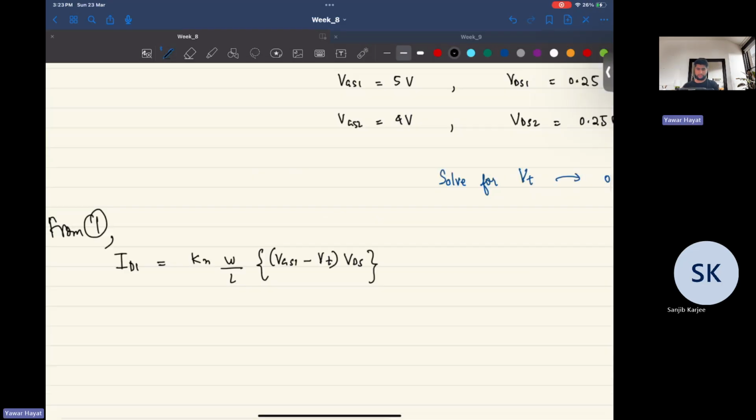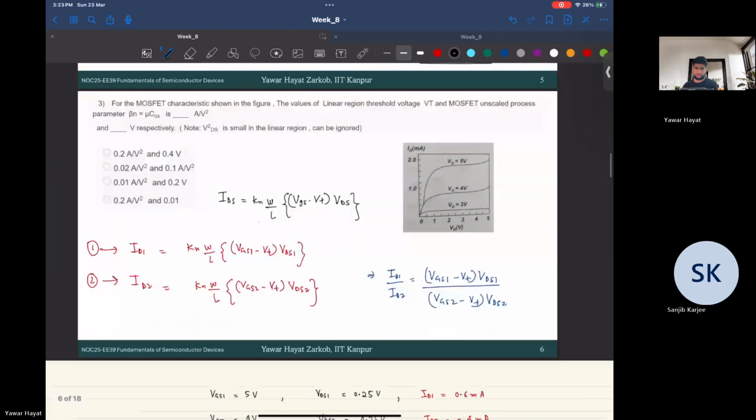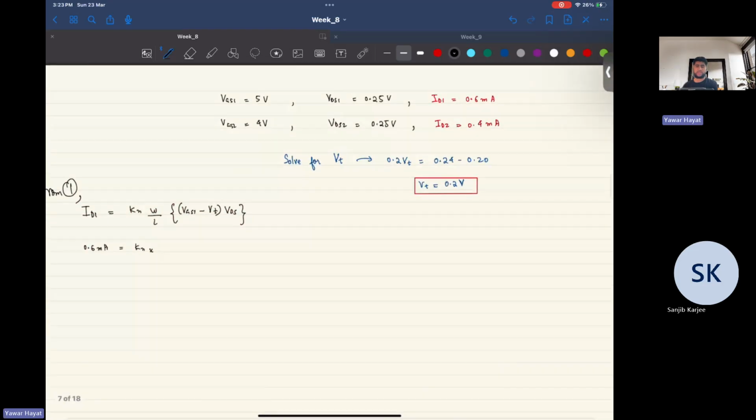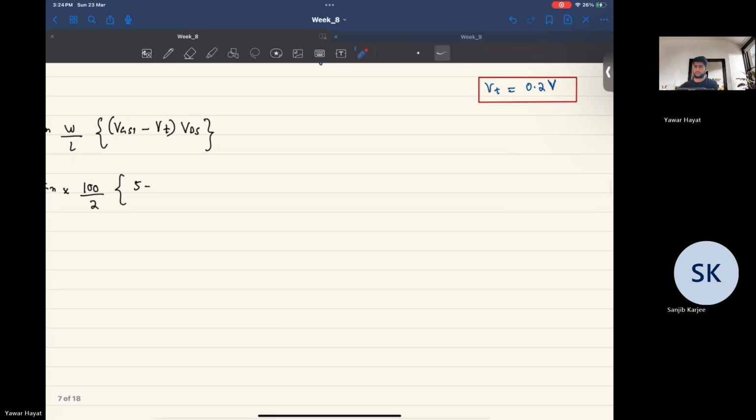ID1 is 0.6 milliamp. That is equal to Kn. What is your W by L? Okay, we need to take it ourselves. Let's take W by L of 100 by 2. We'll assume that. So VGS1 is 5 minus VT we have computed, 0.2, times VDS1.